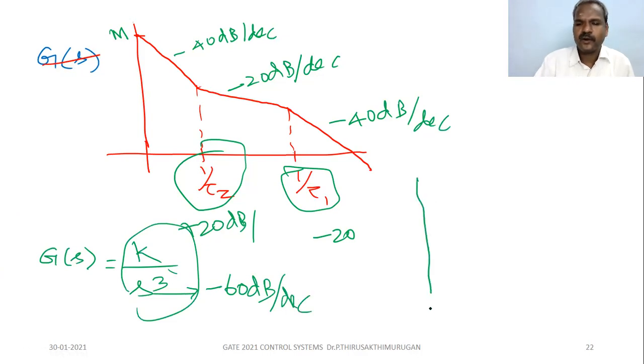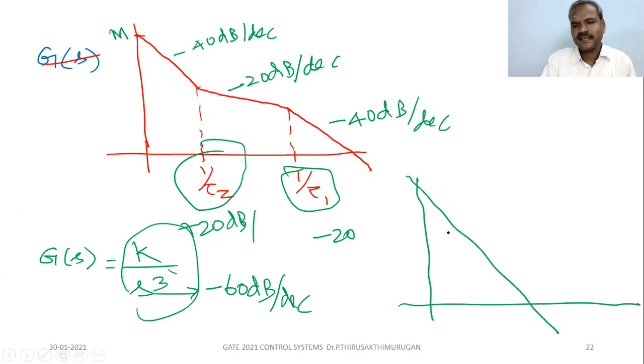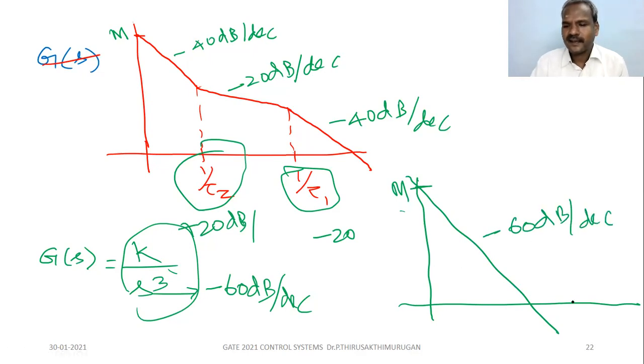So the typical Bode plot for this has a slope of minus 60 dB per decade from the initial value. Understand or not? These are all the typical Bode plots.